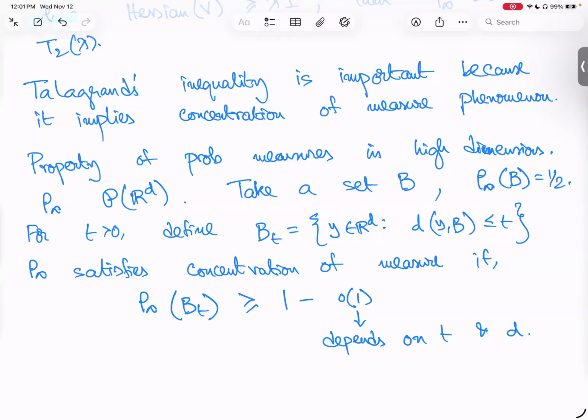For example, if you take uniform distribution on a very high dimensional cube, the measure is very tightly concentrated around a sphere. You extend it a little bit, it contains almost the entire mass. The same is true for the multivariate, let's say, standard normal distribution. Okay, these are based on independent coordinates, but there are also dependent measures which satisfy this. Of course, not all measures satisfy this property, but many measures that appear in computations or applications do satisfy this property.